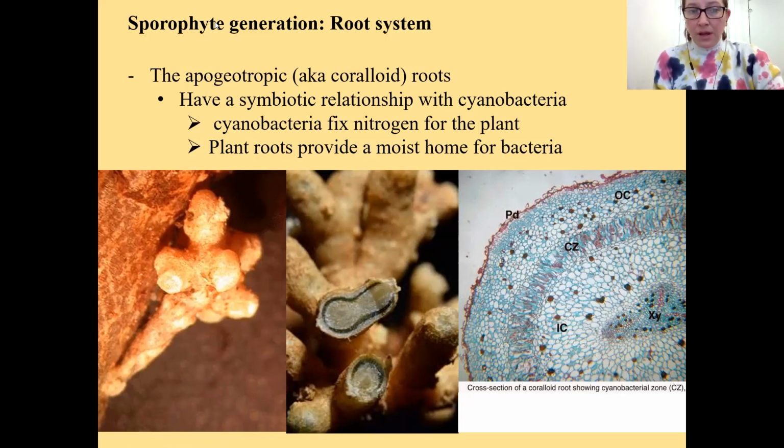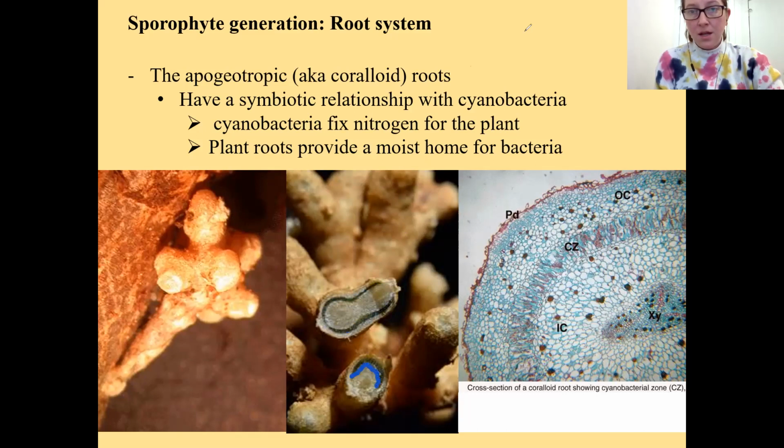On the left here, you have a close-up picture of an apogeotropic root. In the middle, you see a cross section through an apogeotropic root. You may even see this ring inside, which I'm drawing in blue. That's the cyanobacteria living right inside. Here's another one right here.